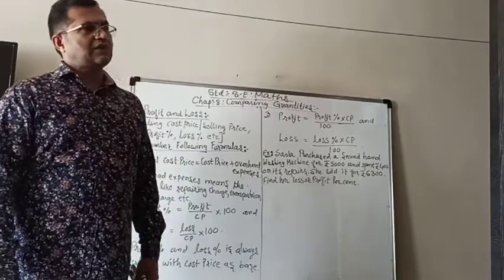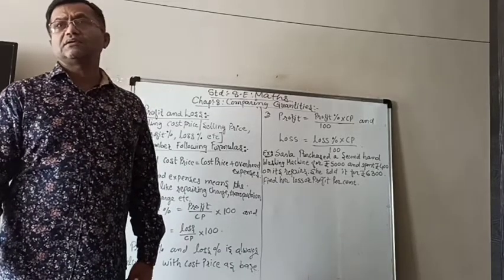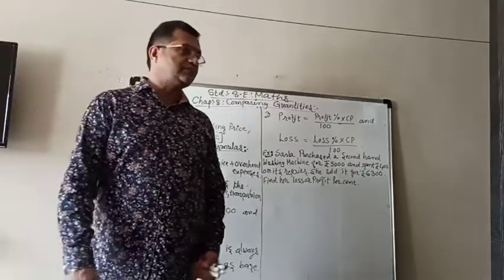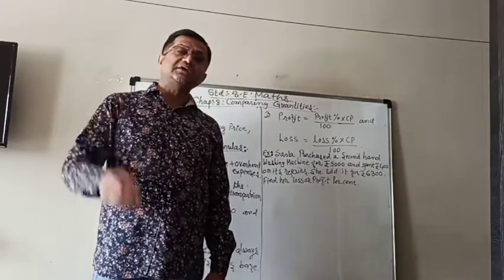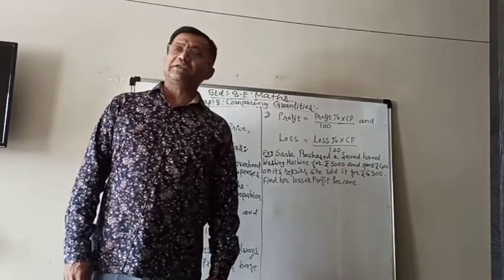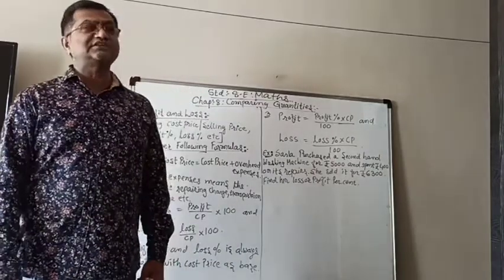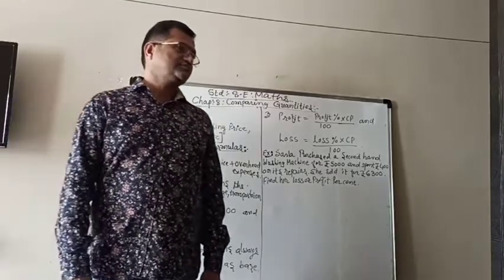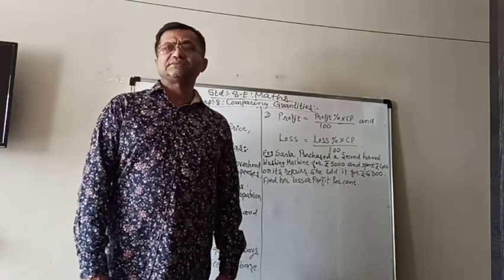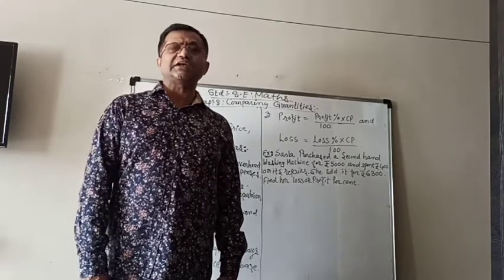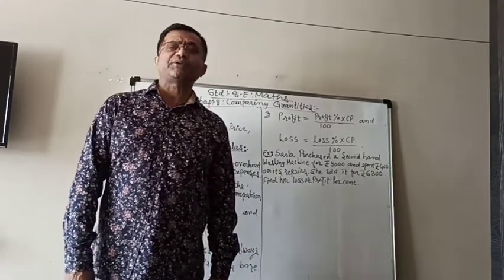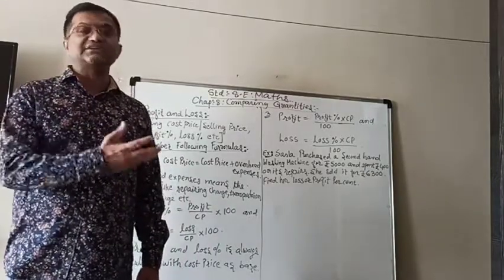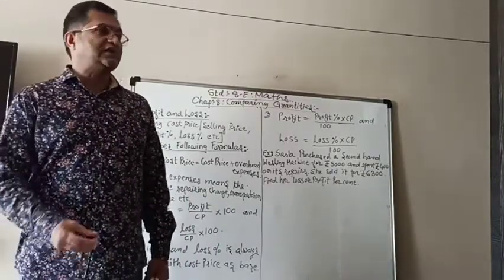Then he sells that article again, and by selling, whatever money he gets is known as the selling price. If the cost price is less than the selling price, then there will be profit. But if the cost price is more than the sale price, then there is loss.